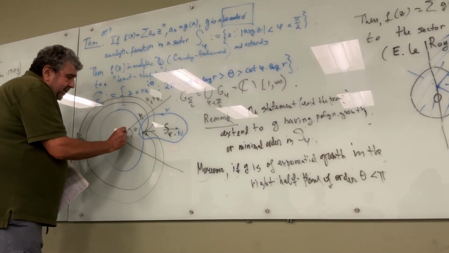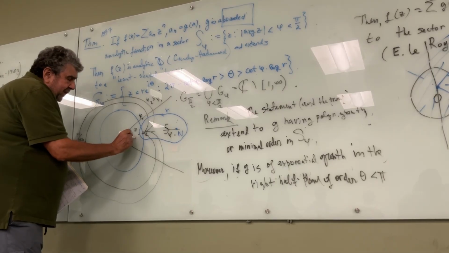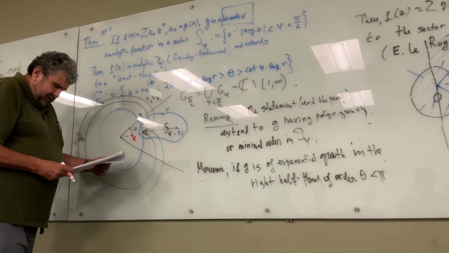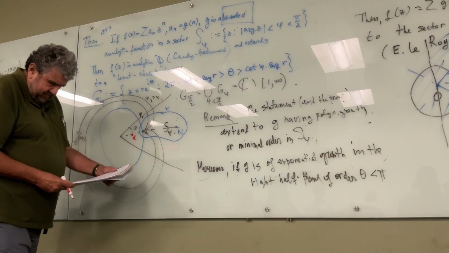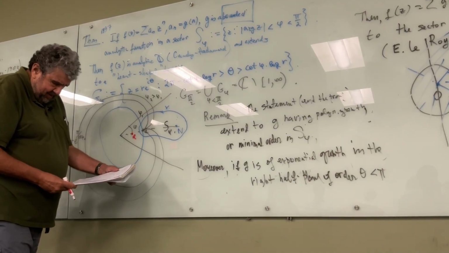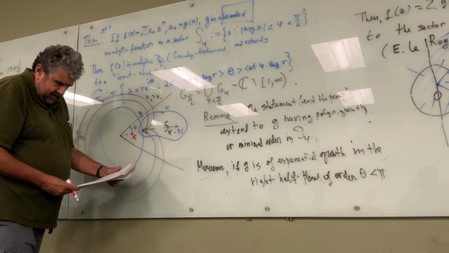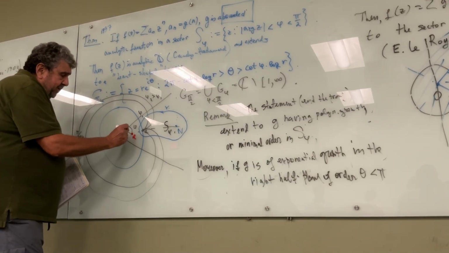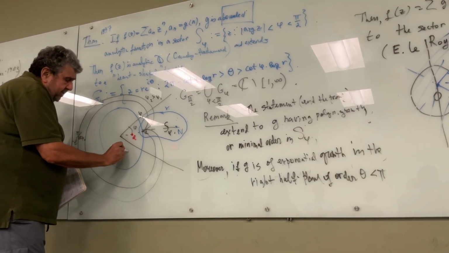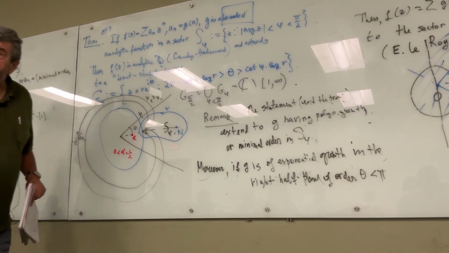Okay, take any point alpha here, and the only thing I want is that alpha is less than 1/2, and it doesn't really matter.